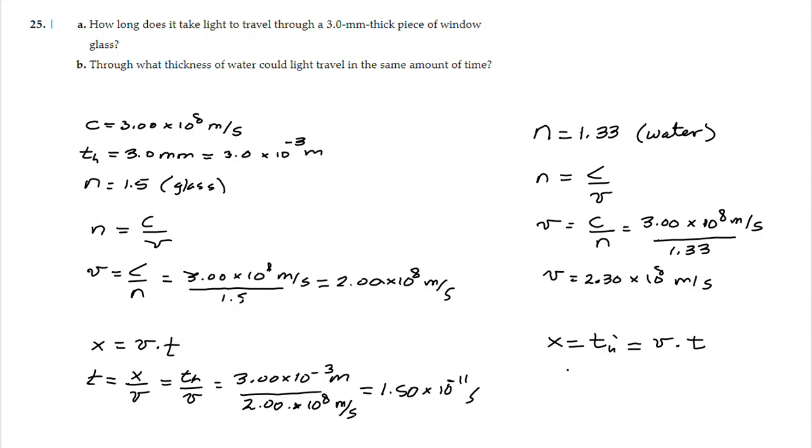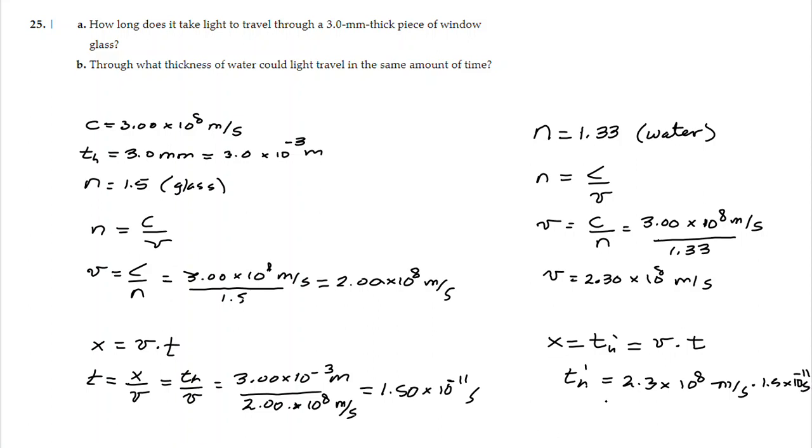So this thickness is going to be the value we found, 2.3 times 10 to the 8 meters per second, times the time, which is 1.50 times 10 to the negative 11 seconds.